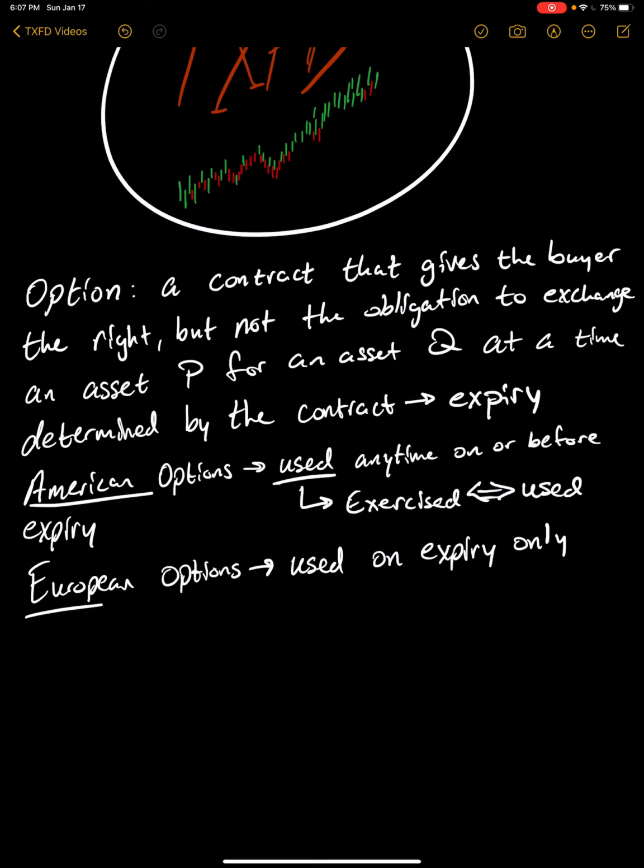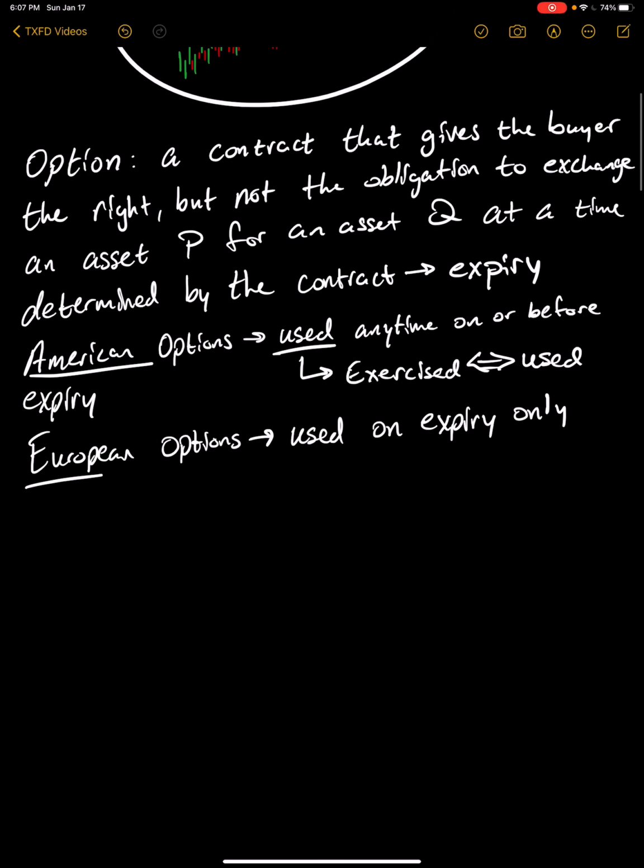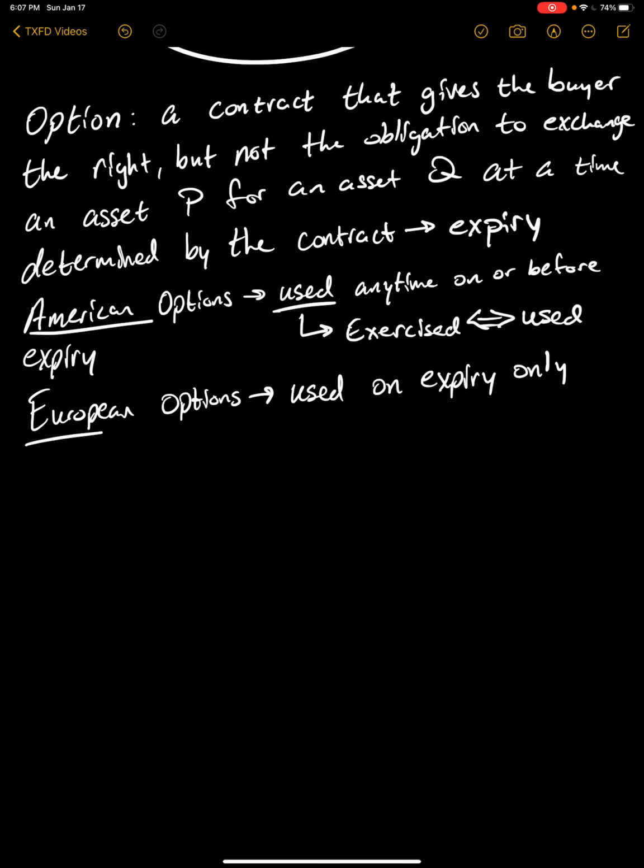American options can be exercised anytime on or before the expiration date. European options can be exercised on the expiration date only. And then there are Bermudan options that can be exercised only on special dates. But the idea here is that you have the option to exchange P for Q at the expiry date.